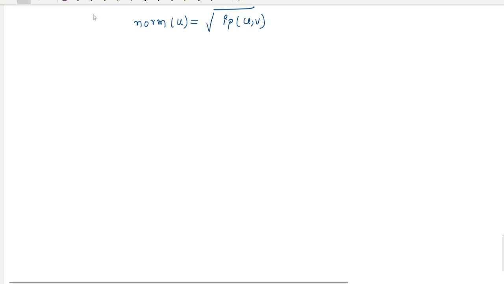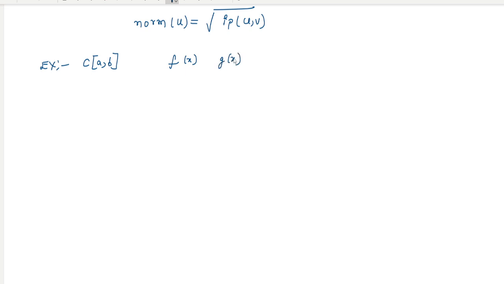Here I'm taking another example of the inner product, very important. Consider the vector space of all the functions that are continuous over the finite closed interval between a and b. Let f of x and g of x be two vectors in the space.